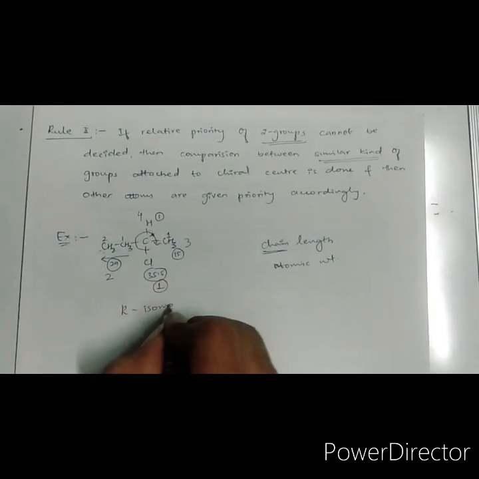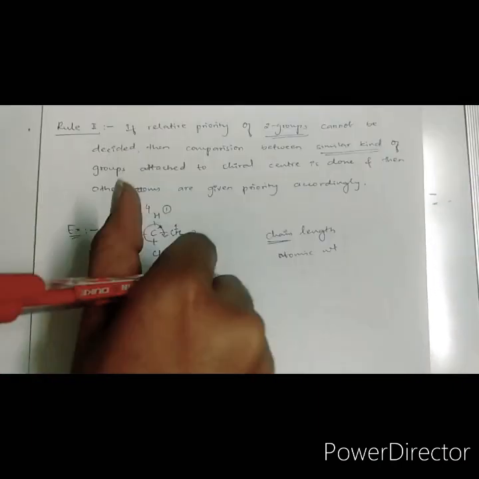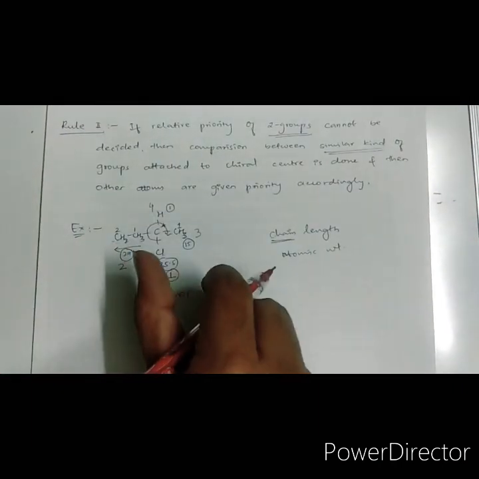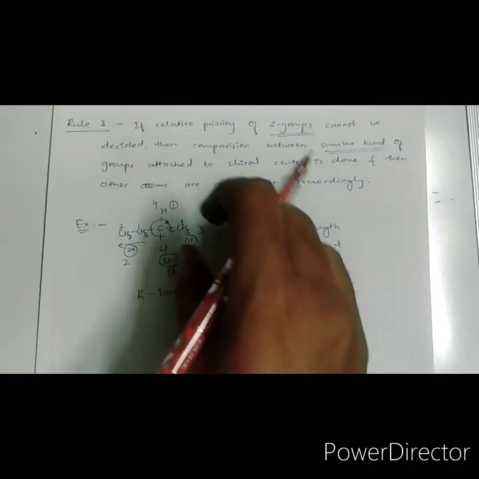So you can see it is turning towards the right side. So it is defined as R isomer, because if we rotate it, it will move towards the right side.